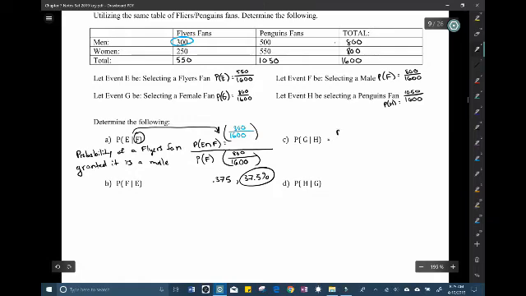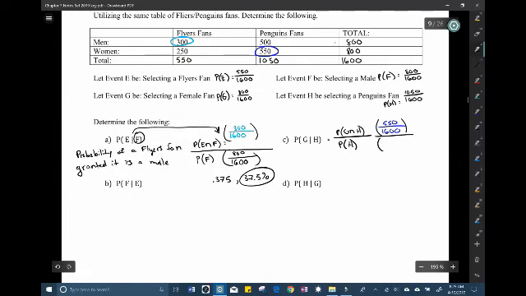Probability of G, granted that, so the probability that it's a female, granted that it's a Penguins fan. We want the probability of G and H up top, divided by the probability of H. So girl and Penguins fan. Let's look at our women and a Penguins fan. That's 550, so 550 divided by 1600 is the top probability.